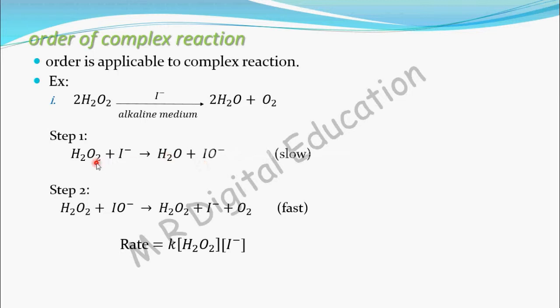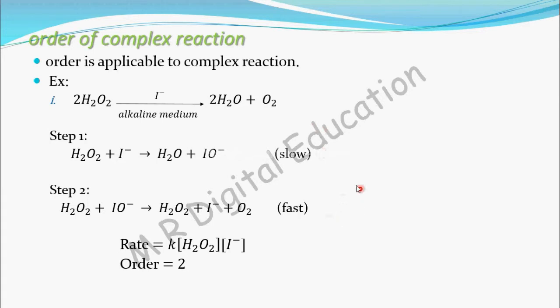See, I have written the rate law for this step, that is, rate equals K into the concentration of the reactant H2O2 into the concentration of the reactant I minus ion. So the order of this rate law is 2. This rate law and order that you have obtained from the slowest step of the complex reaction is applicable to the whole complex reaction.